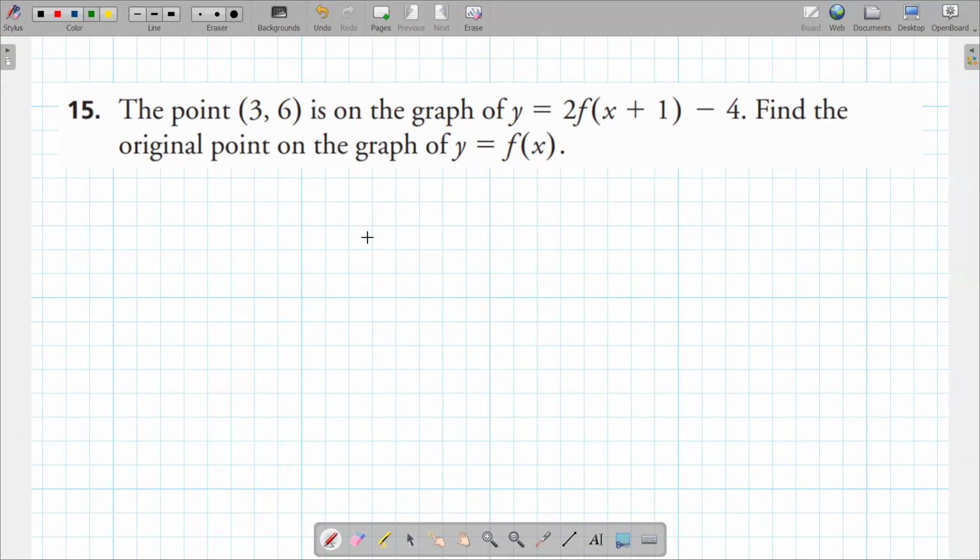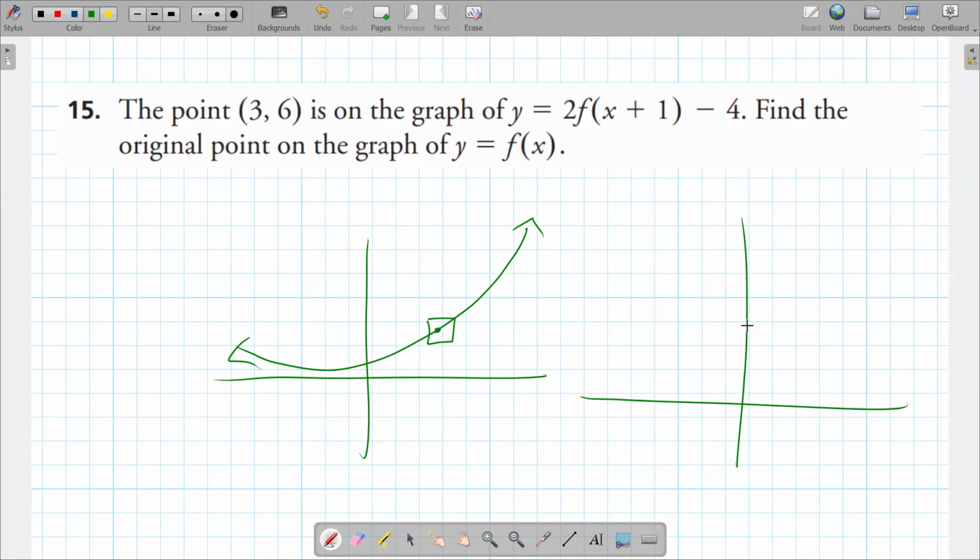We don't know what kind of function this is, but there was a point here on the original function, which has now moved. There's no transformation, but it's gone down a bit. So that point has now moved here. The question is telling us after it's moved, the point is 3, 6. After moving it, what was the original point to begin with?